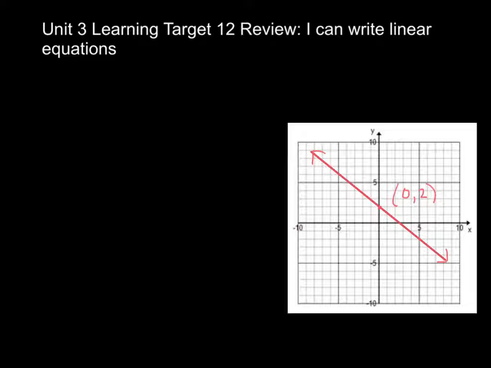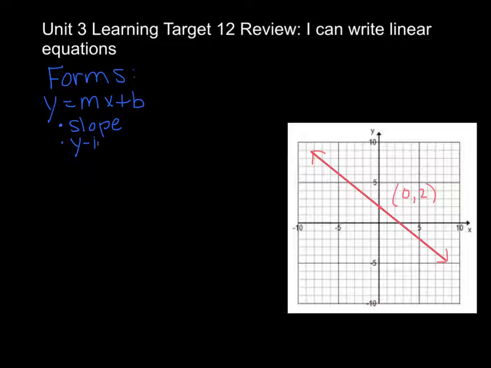We know for writing equations, which we've done, there are two basic forms. Our two forms are y equals mx plus b, if given the slope and the y-intercept, or we could use the form y minus y1 equals m times x minus x1.